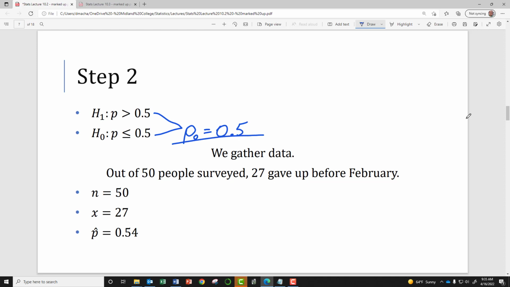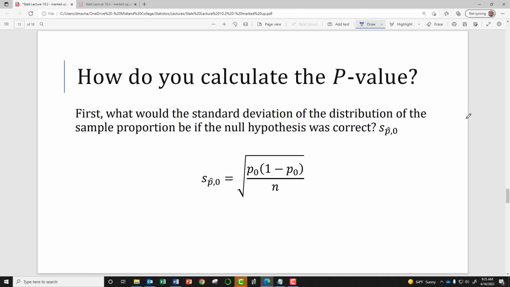So using p naught equals 0.5, all I need to do to calculate this standard deviation value, which I'm going to call s subscript p hat, standing in place for the null hypothesis, is the square root of 0.5 times 1 minus 0.5, which is just 0.5, divided by n.